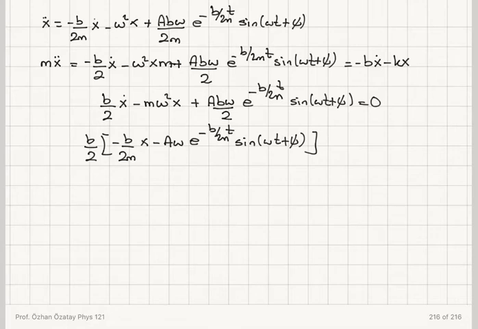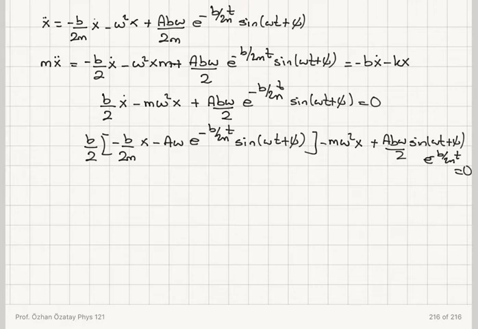Then I have minus m omega squared x. Then I have plus a b omega over 2 sine omega t plus phi times exponential minus b over 2m t. That's equal to 0.